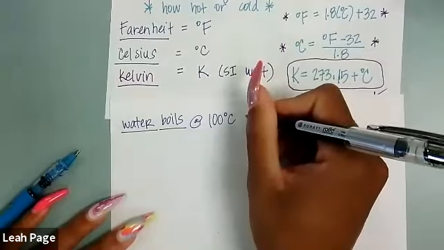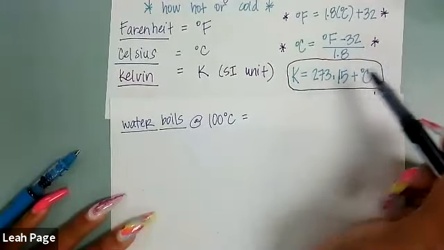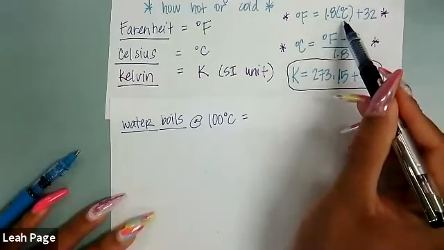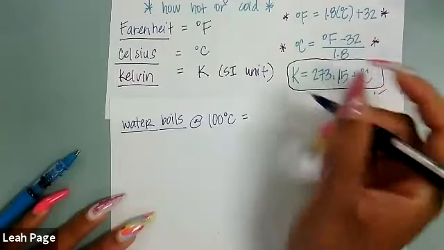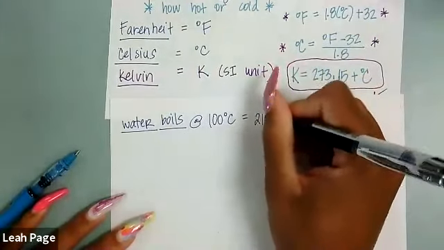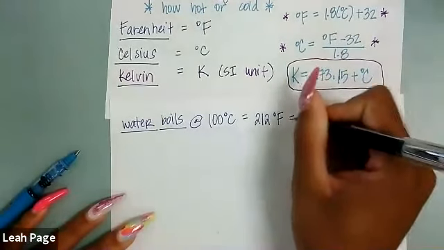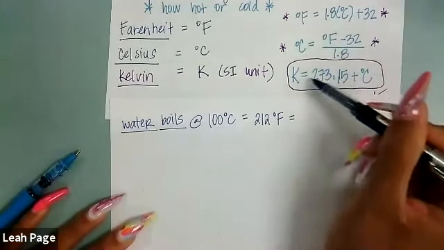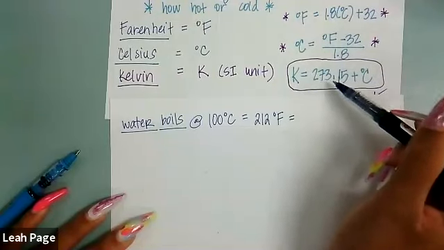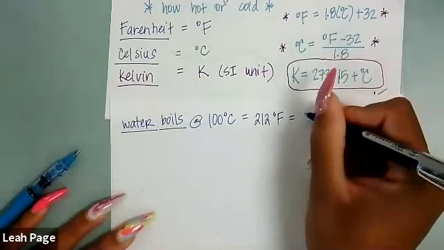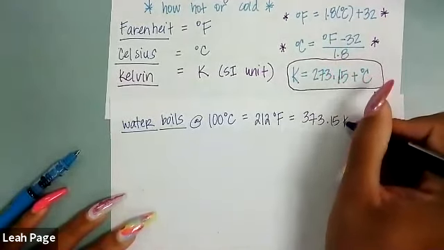If we convert that to degrees Fahrenheit, meaning we just plug it into the equation, if we put 100 degrees Celsius in, multiply it times 1.8 and add 32, we're going to get 212 degrees Fahrenheit. And if we put 100 degrees Celsius into this equation, so 100 degrees Celsius plus 273.15, we're going to get 373.15 K.